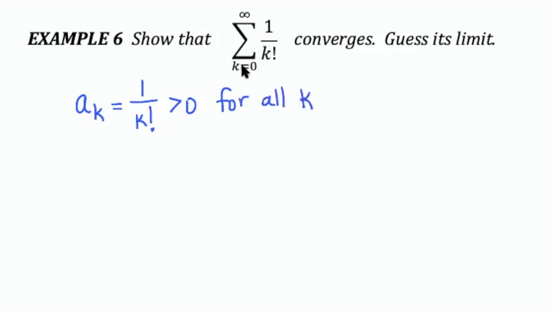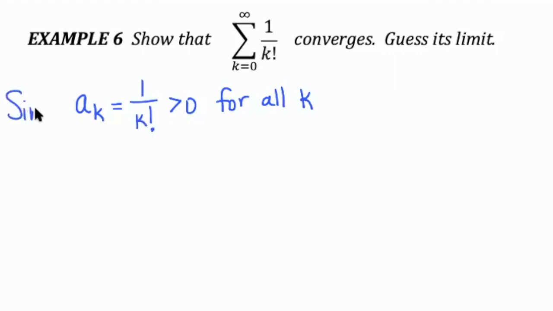Well, k only takes on values from 0 to infinity, and if you plug in k equals 0, 0 factorial is defined to equal 1. So even when k equals 0, this does have a value. And then, are all these terms positive? The answer is yes, because factorial expressions are always positive.